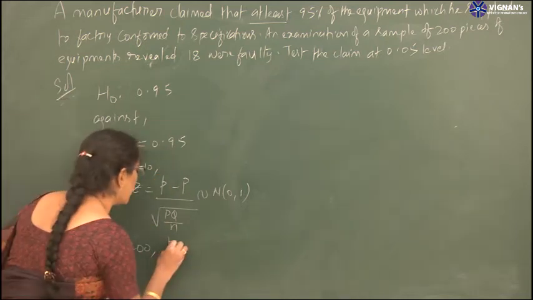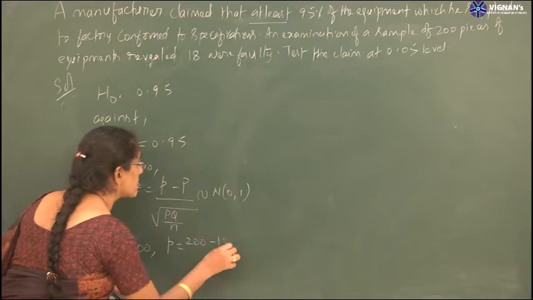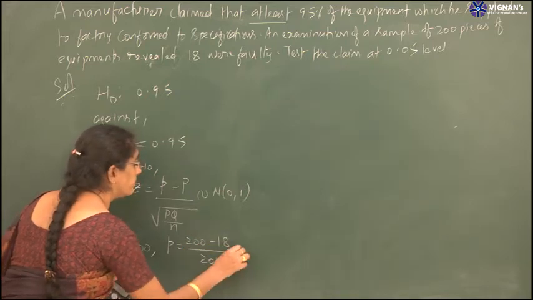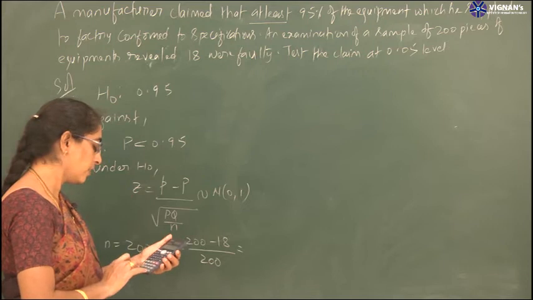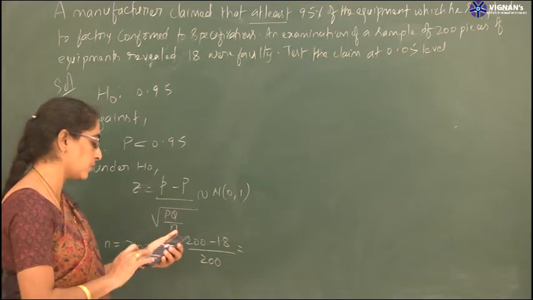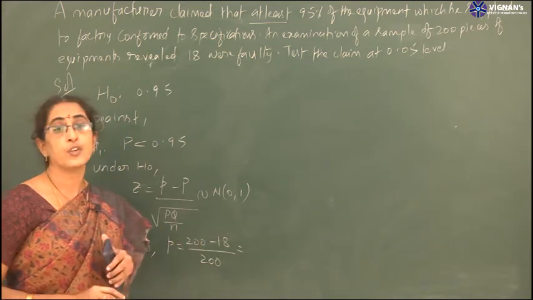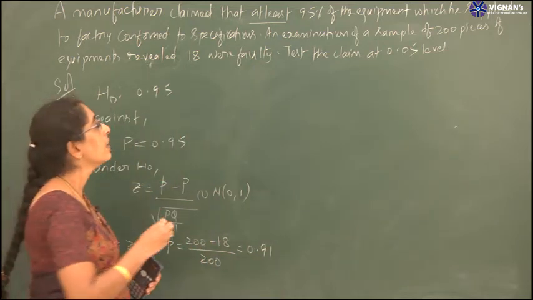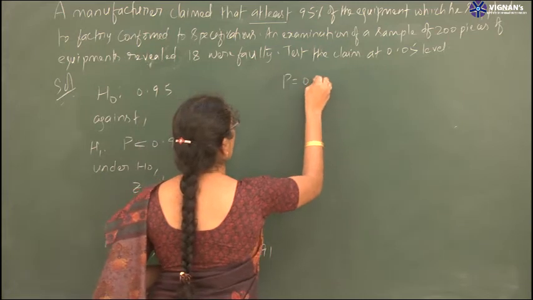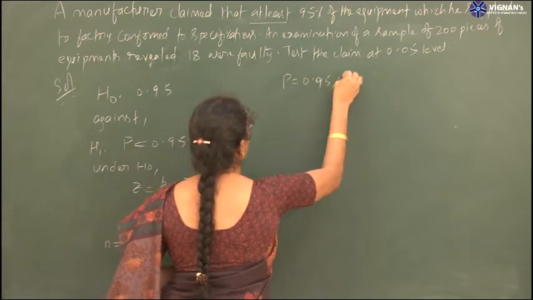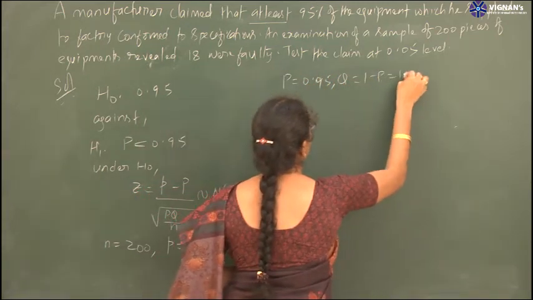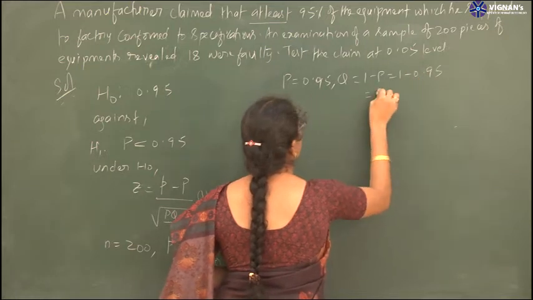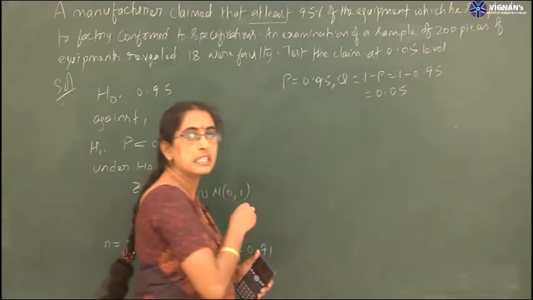So the small p will be 200 minus 18 by 200. So it is 200 minus 18 is 182, by 200 is 0.91. Now capital P is 0.95, means capital Q will be 1 minus P, that is 1 minus 0.95 is equal to 0.05.